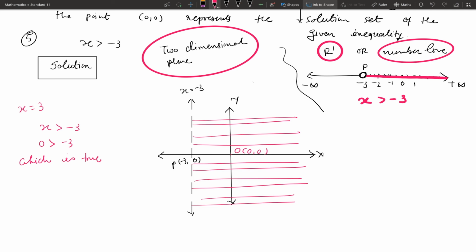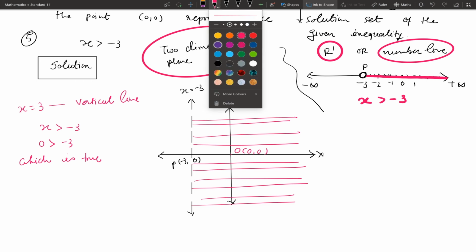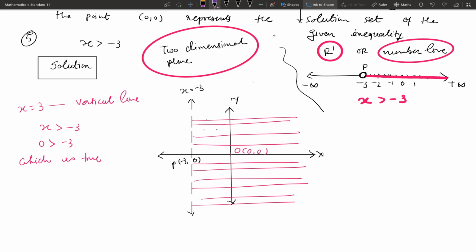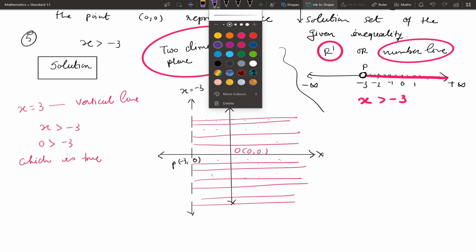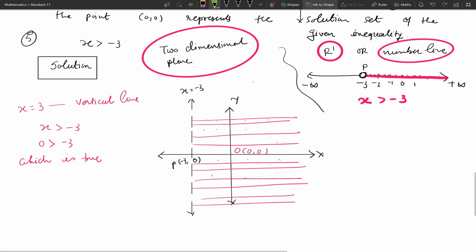So x equal to -3 is a vertical line, and in all this plane x is greater than -3. So this is the solution portion.